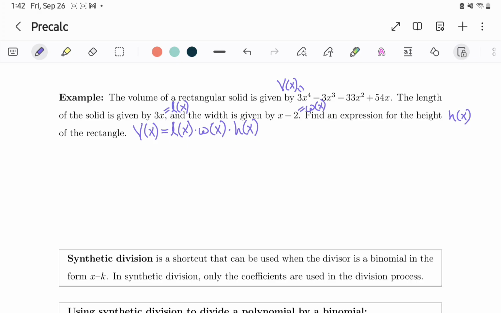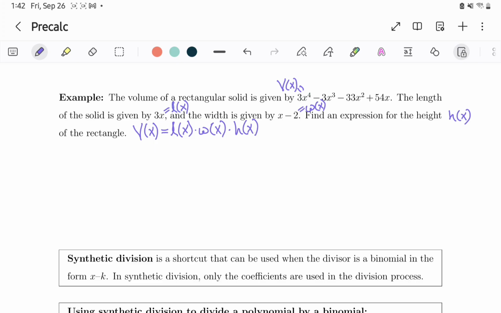All right. So first, let's divide v of x by 3x. Since we have just a single term for the divisor, we could just go through term by term to divide v of x by L of x.